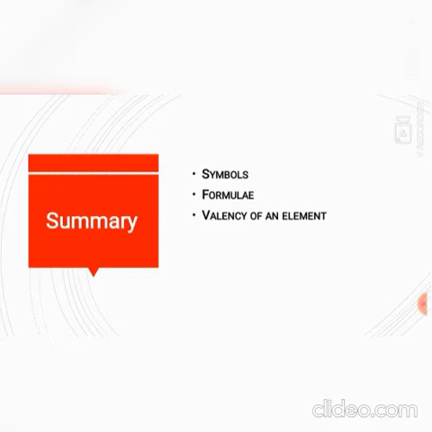Monovalent means it will have 1 valency, divalent 2 valency, and trivalent 3 valency. And we have seen that in the periodic table the valency will rise from 1 to 4 and then fall to 1 and finally 0. And also we have seen that for noble gases the valency is always 0.